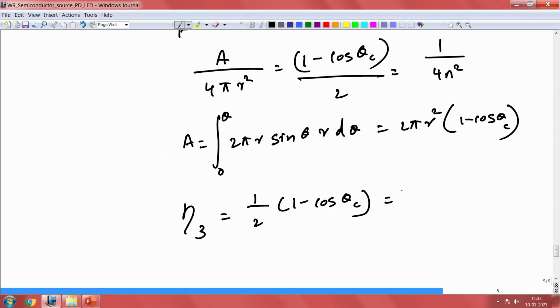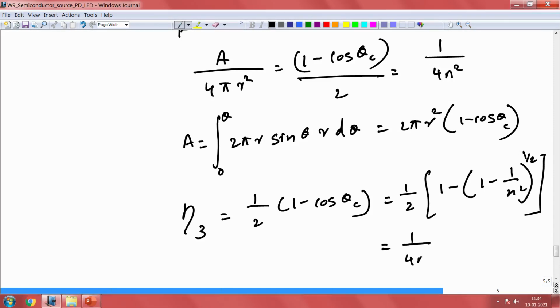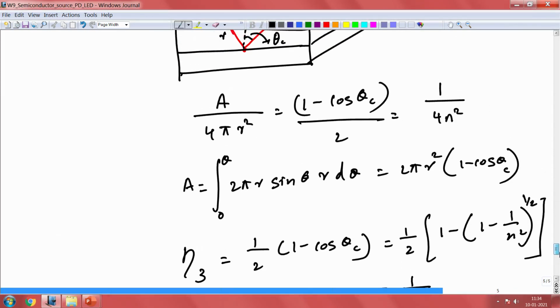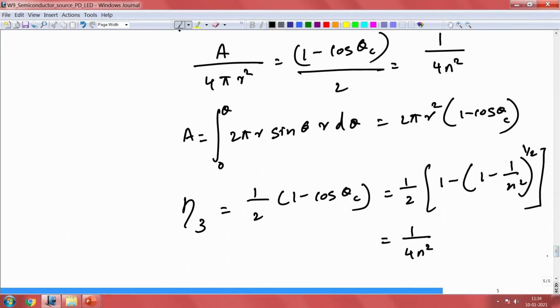It is nothing but half of (1 minus 1 by n squared), or in other words 1 by 4 n squared. So, this is the escape cone, and this is how much you can get out. So, that is your eta 3.